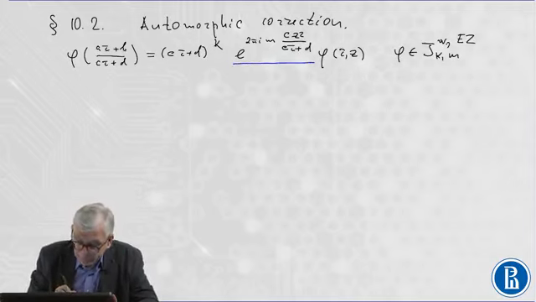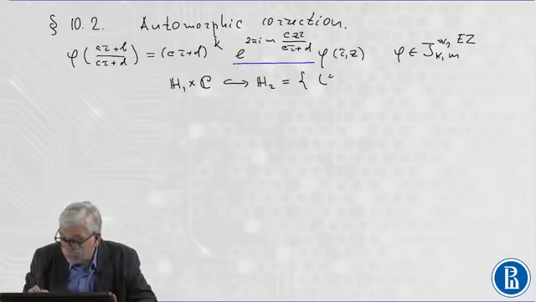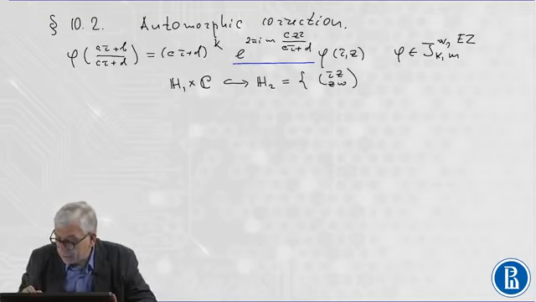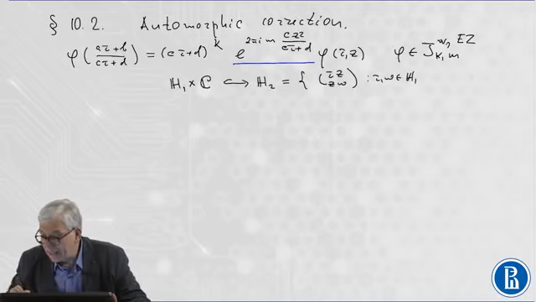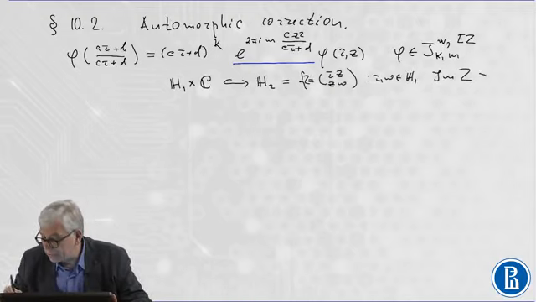Instead of modular form on the product of upper half plane and C, we consider modular form on the Siegel upper half plane. Now, tau and omega are in H1, and imaginary part of this matrix, capital Z, is positive.